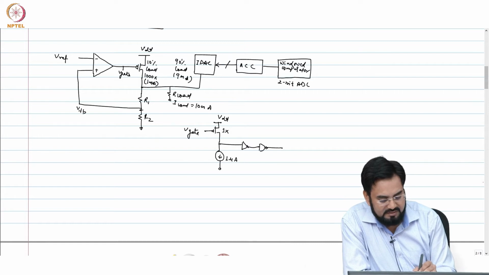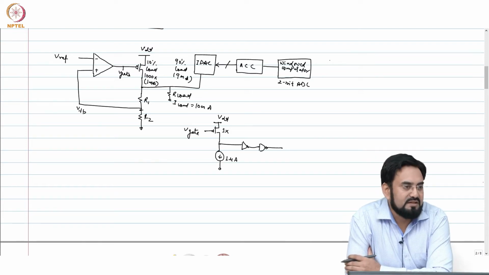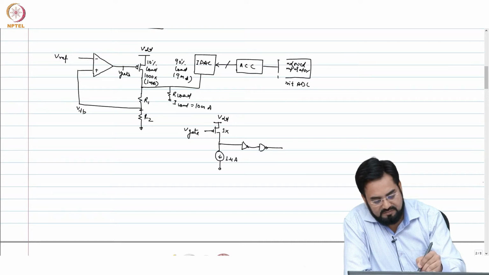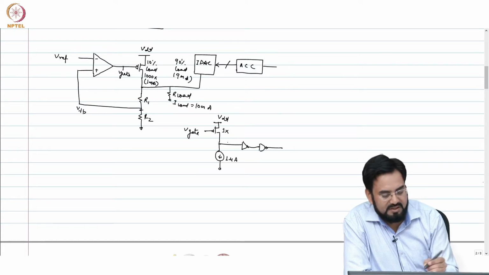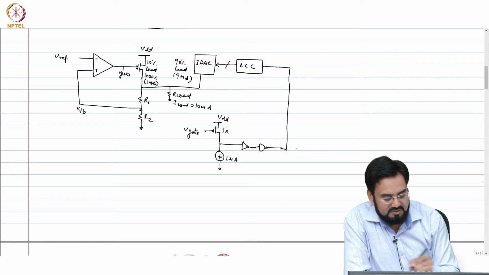Okay. So now you don't need this windowed comparator. This can directly drive your accumulator, because now this comparator is replaced by this comparator. Voltage comparator is replaced by current comparator. So now this is a single bit.